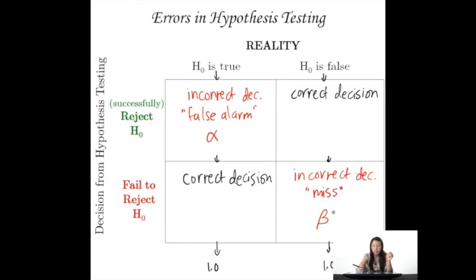So what we want to do in hypothesis testing is reduce our chance of errors, right? We want to reduce our chance of errors. And we can also figure out what is our probability of getting different kinds of correct decisions.